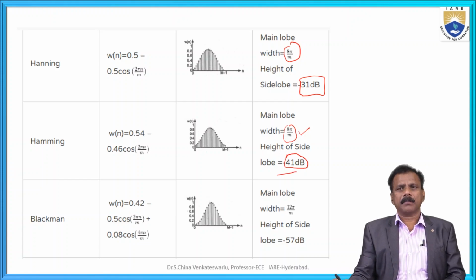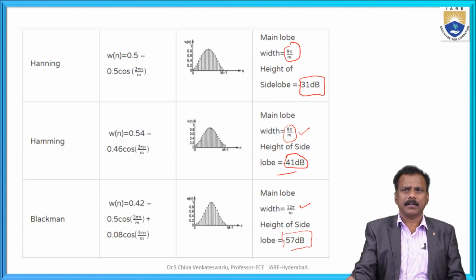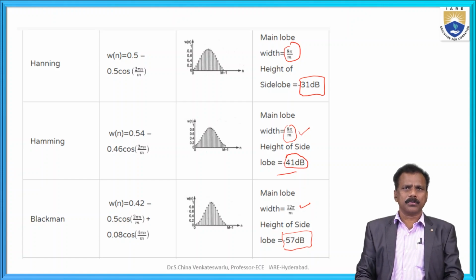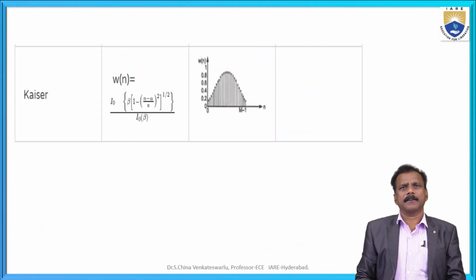Coming to the Blackman window, the main lobe is 12 pi by M, and the height of the side lobes is minus 57 decibels. Like this, we compare all these windows. After that we choose the desirable, required window. After using all these windows, we can expect the quality of the filter.